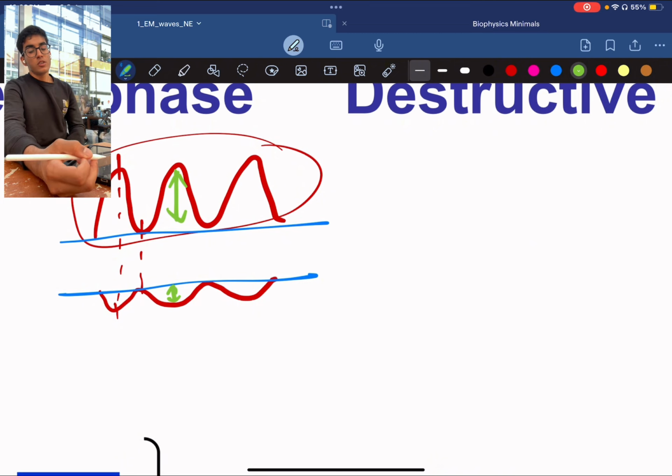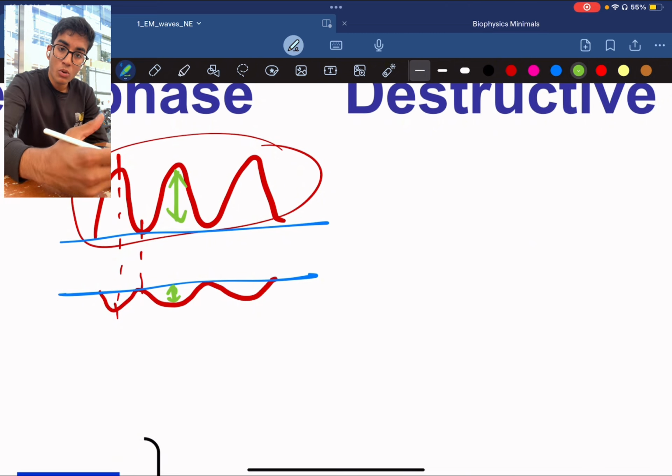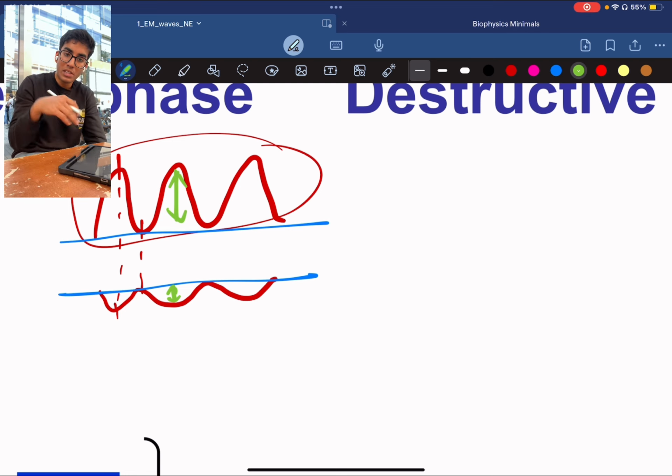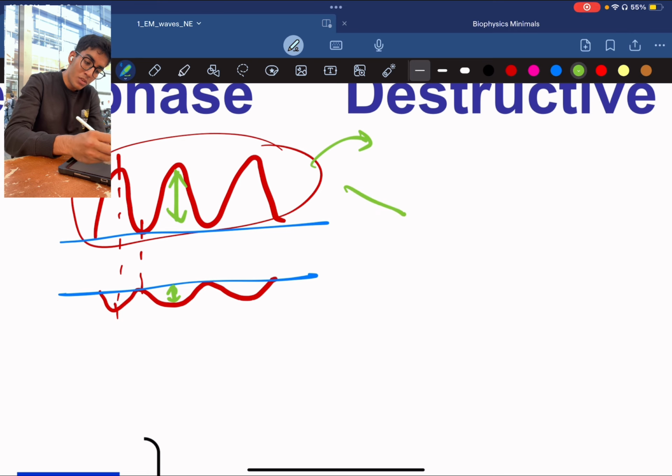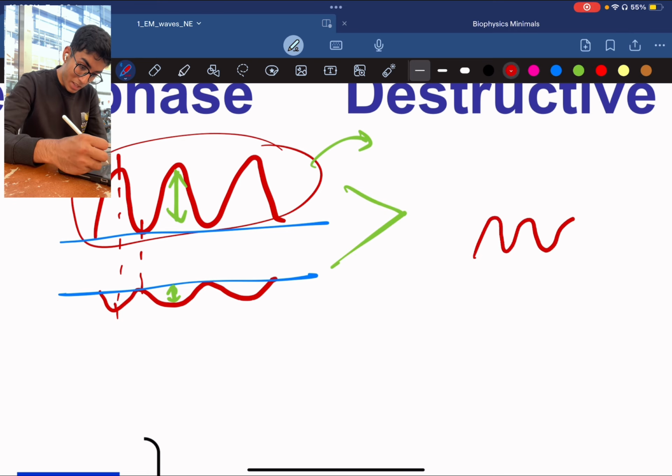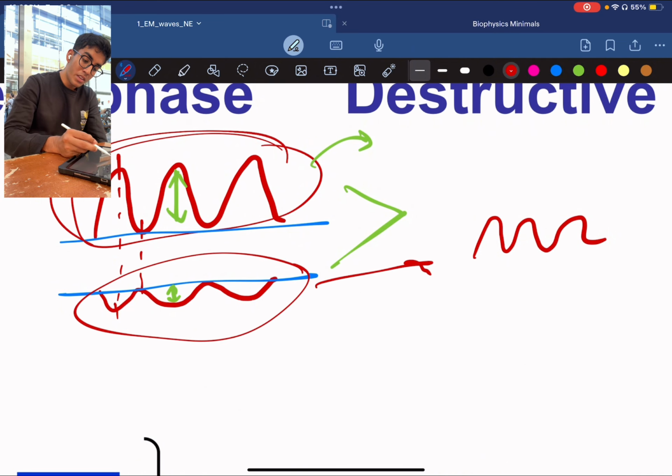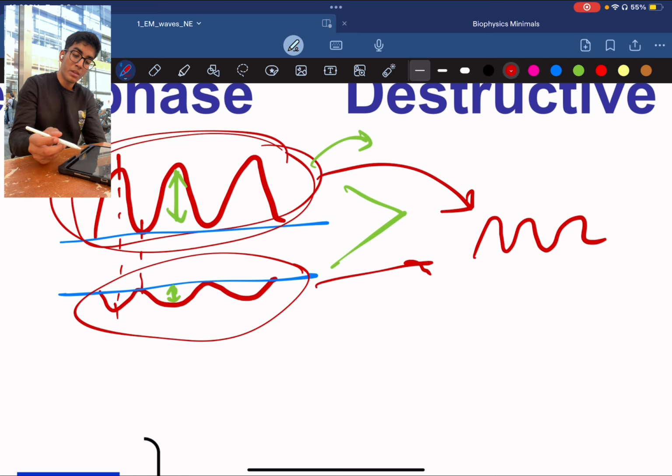Okay, so when you interact both of these together, they don't build up on each other because they're not coinciding. They destroy each other and end up making this huge wave smaller. So when you combine these two, you get something like this, which is still bigger than this one, but it has destroyed this other wave and made it smaller. So that's destructive interference.